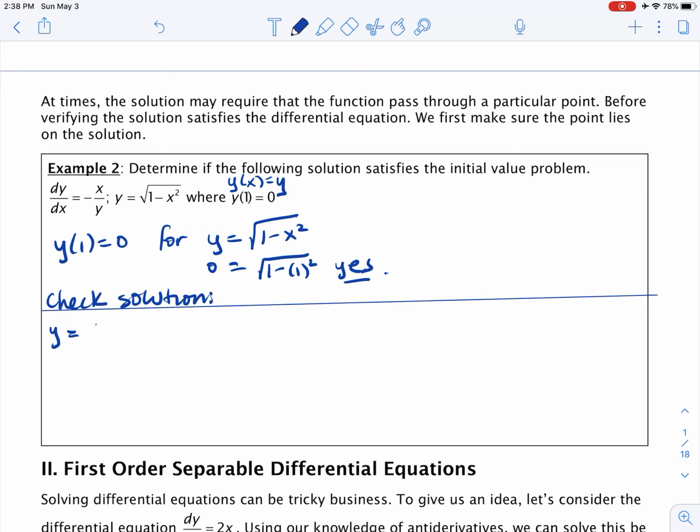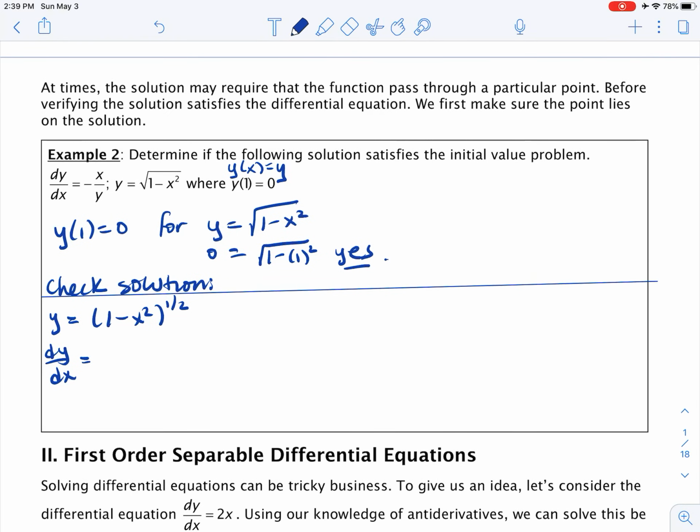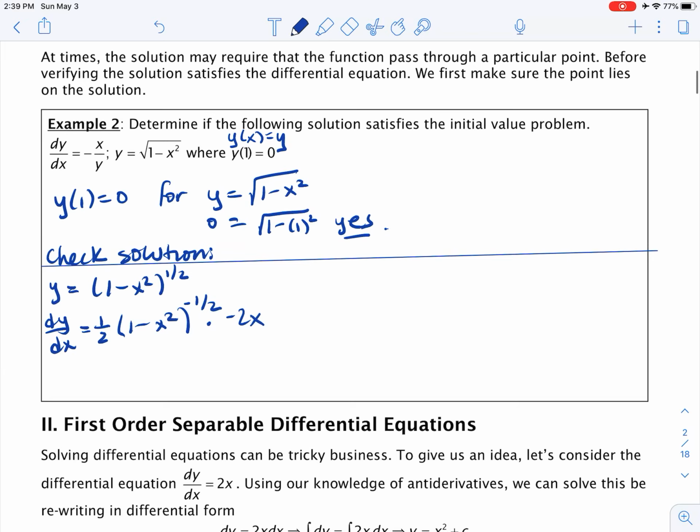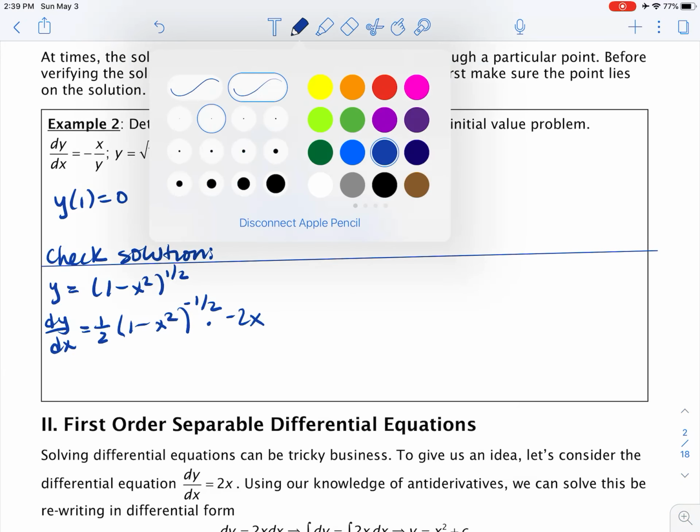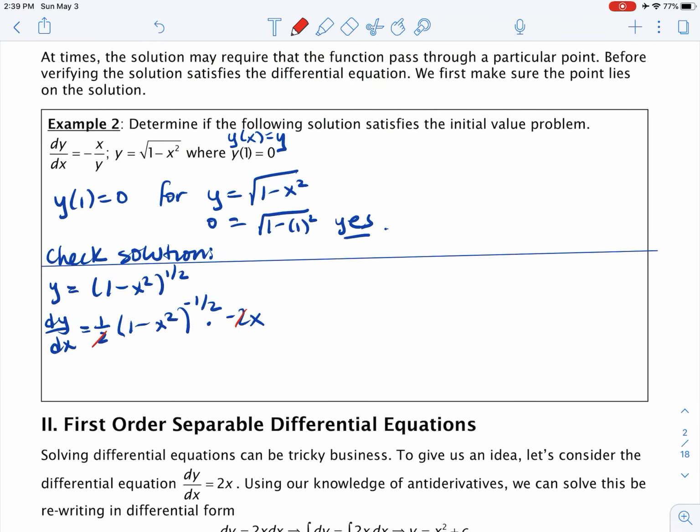So if y is equal to 1 minus x squared to the 1/2, then dy dx, using that notation since we're using that notation in the problem above, I'm going to do the chain rule: 1/2, 1 minus x squared to the minus 1/2, and then times the derivative of the inside, which is negative 2x. I'm going to simplify. I can cancel the 2, and I'm left with minus x over the square root of 1 minus x squared for dy dx.